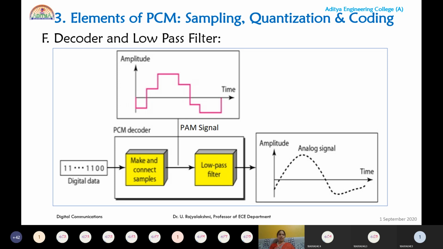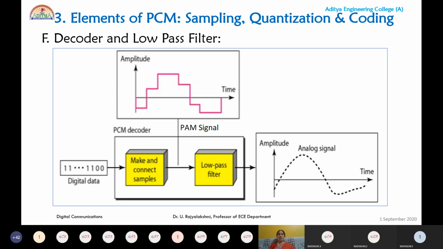The decoder converts the binary sequence into pulses of varying amplitude in accordance with the message signal.